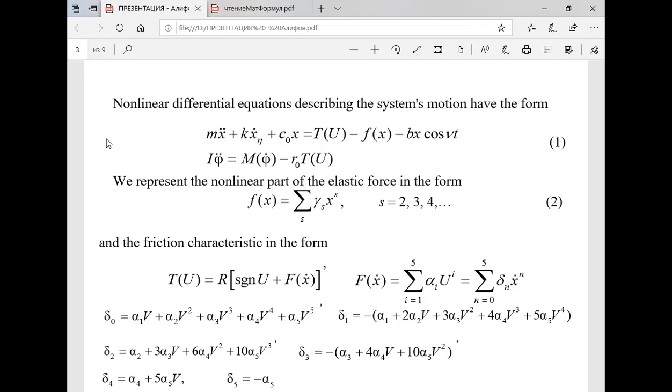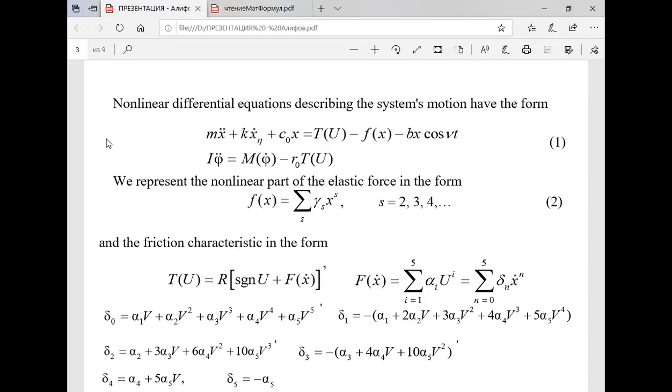We represent the nonlinear part of the elastic force in the form f of x is equal to sum gamma sub s x super s, s is equal to 3, 4, and so on, and the friction characteristics in the form T of u is equal r sine function u plus f of x dot.